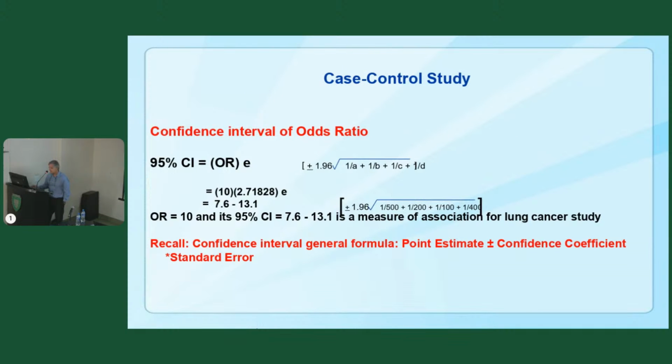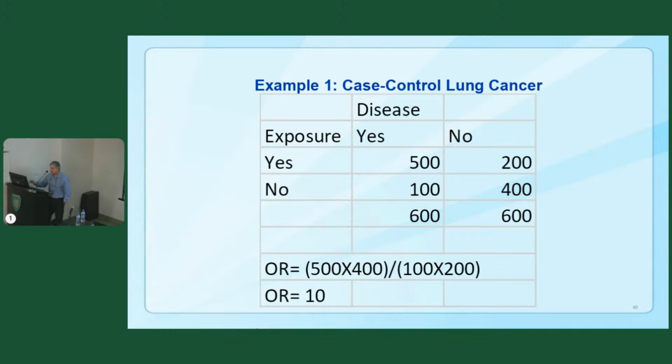Another reason I did this crazy example is because remember they say when the disease is rare and a case control, the exposure odds ratio approximates a risk odds ratio and therefore approximates a relative risk or risk ratio. Here, I did not make the disease rare.